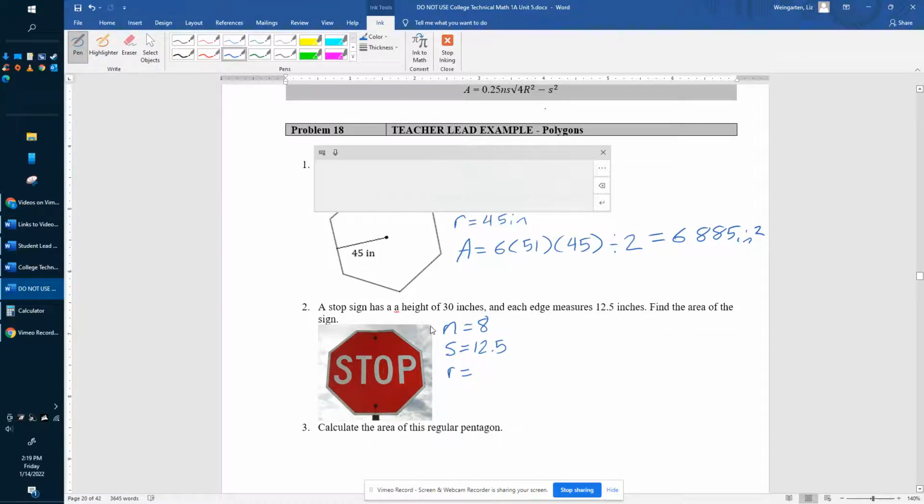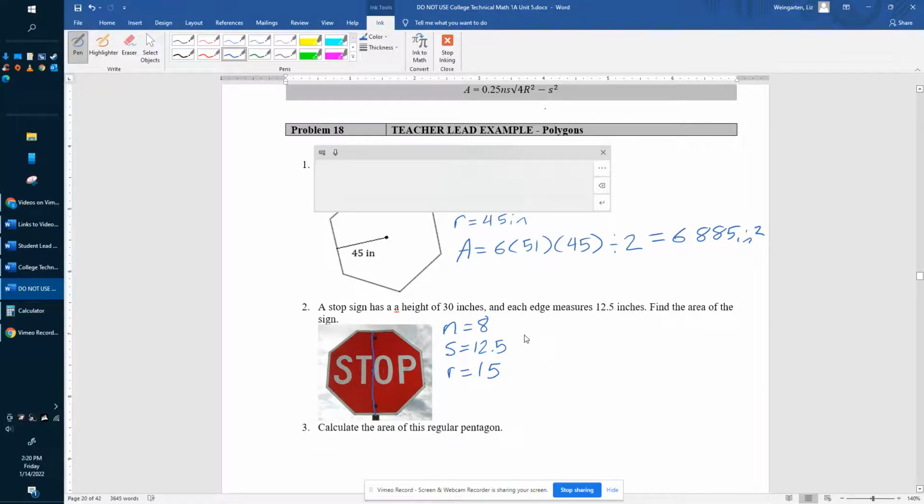Well, it's telling us that the stop sign has a height of 30 inches, so if we draw the height here, our radius is right in the middle of a stop sign, so that's going to mean that it's going to be half of the height. So our radius is 15.